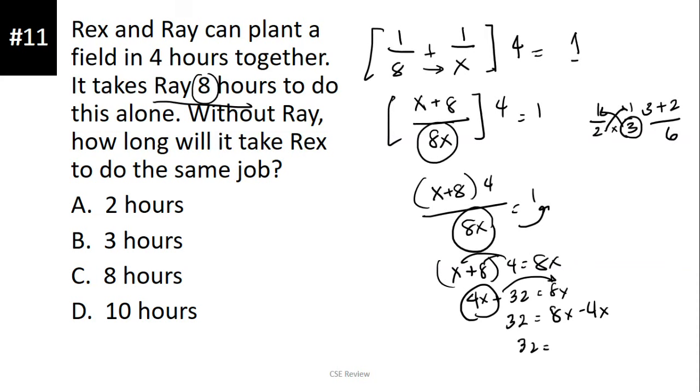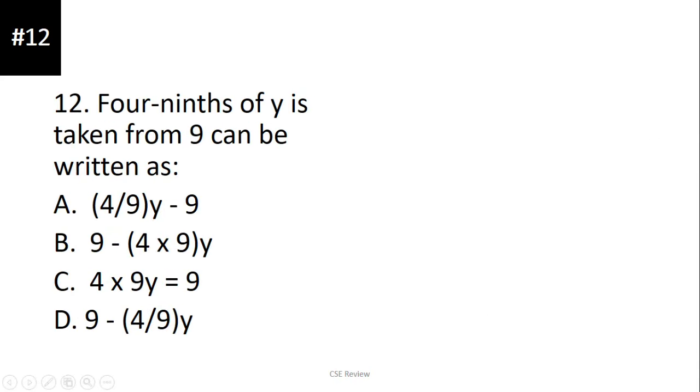So, 32 is equal to 4x. Divide natin both sides sa 4. So, 32 divided by 4 is 8. So, the answer is 8 hours. Letter C.